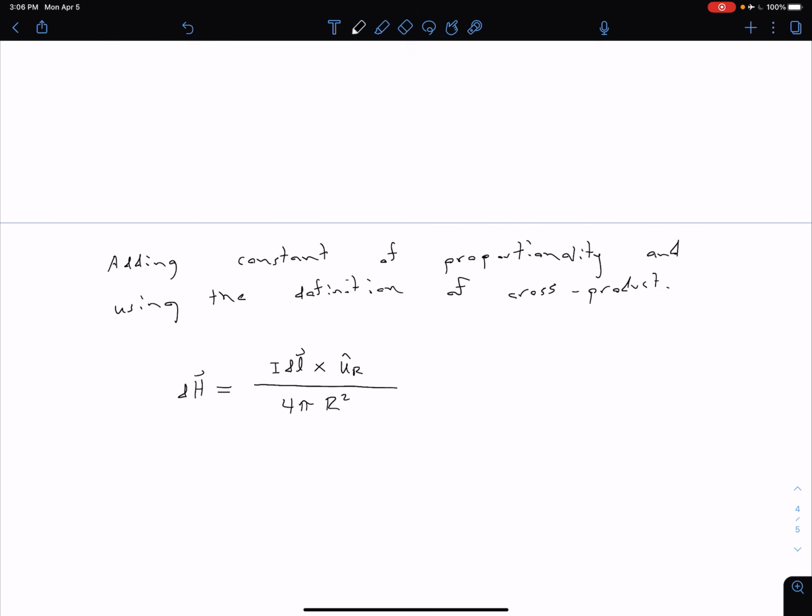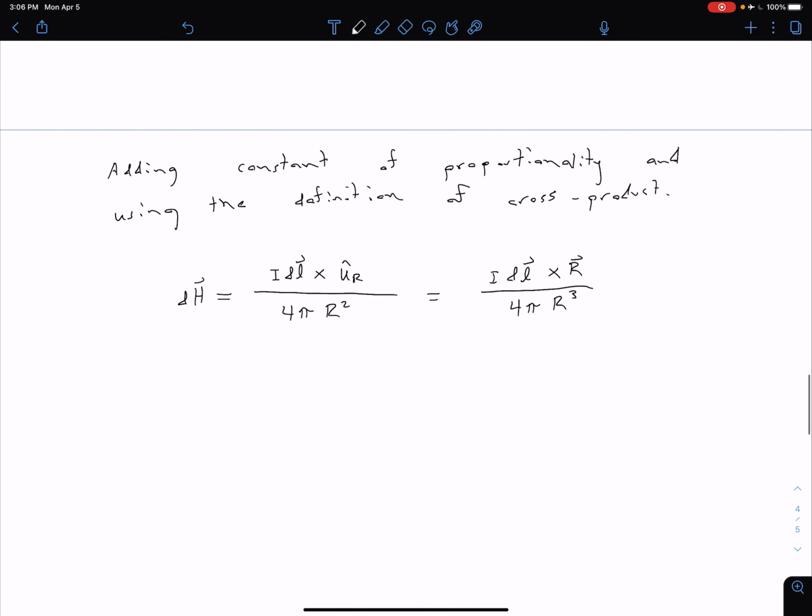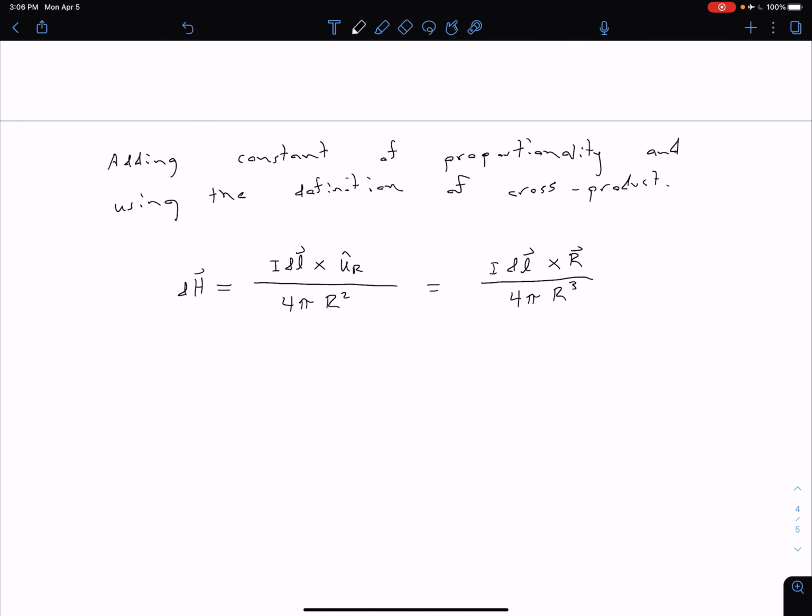As we saw earlier with other equations of a similar form, we can rewrite that unit vector, and this is also equal to I dl cross r, with another magnitude term in the denominator, so instead of 4 pi r squared, we now have 4 pi r cubed in the denominator. This is going to be the basis for using Biot-Savart's law, and in the next video we're going to see how we can use this basic dH and talk about various current configurations.